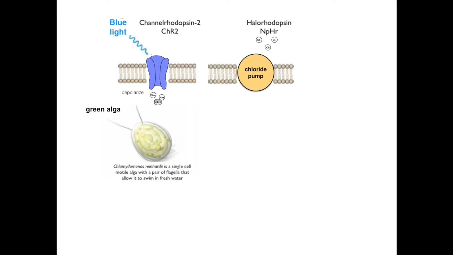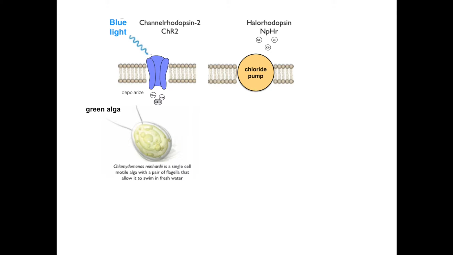The other channel rhodopsin is called halorhodopsin. It occurs in a prokaryotic archaebacterium, Natronomonas pharaonis, hence the name Natronomonas pharaonis halorhodopsin, or NpHR for short.